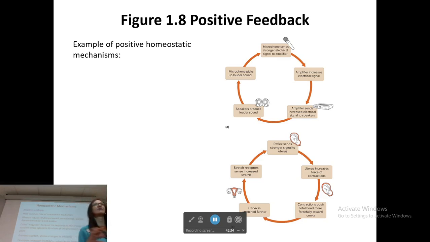All of that is negative feedback, okay? It's negative because the response to the change moves the variable in the opposite direction of the deviation from the set point. So it's just bringing it back to the set point.